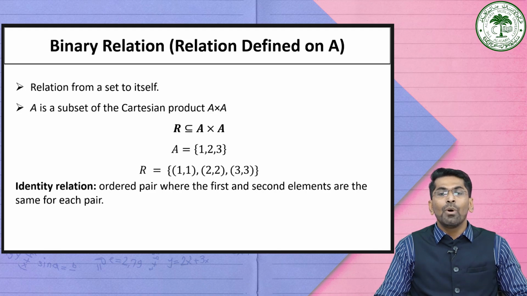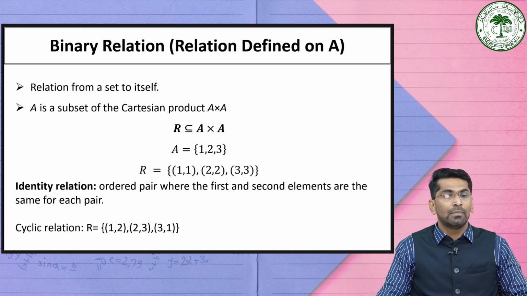Another type of binary relation is a cyclic relation. For example, it could be {(1,2), (2,3), (3,1)}, which shows a cyclic relation. How? Here 1 is related to 2, 2 is related to 3, and 3 is related to 1, which shows a cyclical nature.